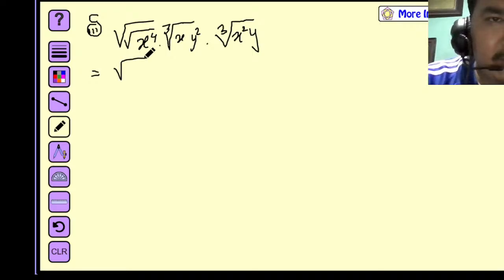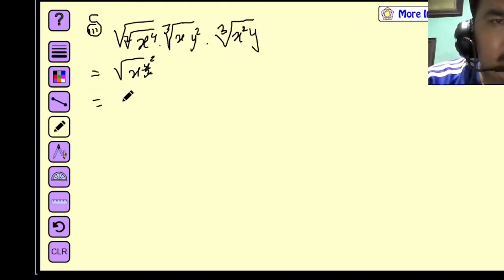Then look children, what you have to do here when you simplify this: this 2 root cancels, then it will come below the power, 4 by 2, then this also cancels, and what will come here is 2. Then again the root cancels, so it will be x to the power 2.